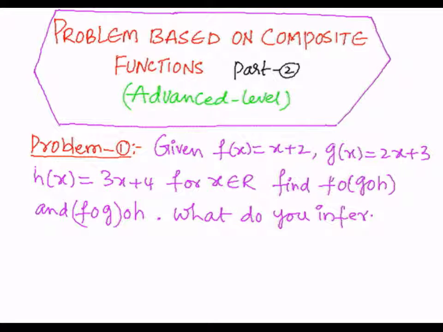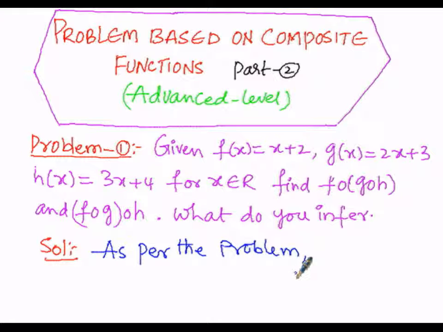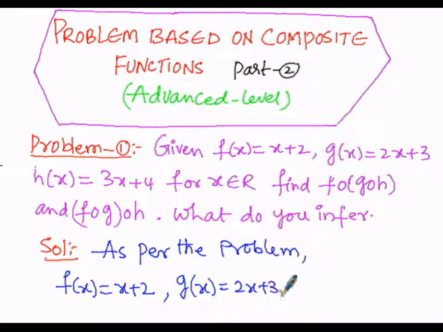Now the solution starts. As per the problem, the three functions which are given to us are f of x is given by x plus 2, the second function g of x is given by 2x plus 3, and the third one h of x is given by 3x plus 4.